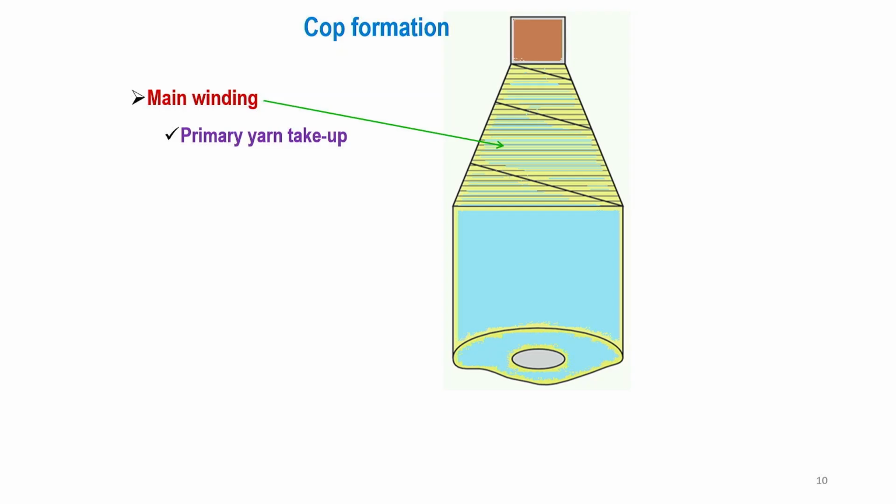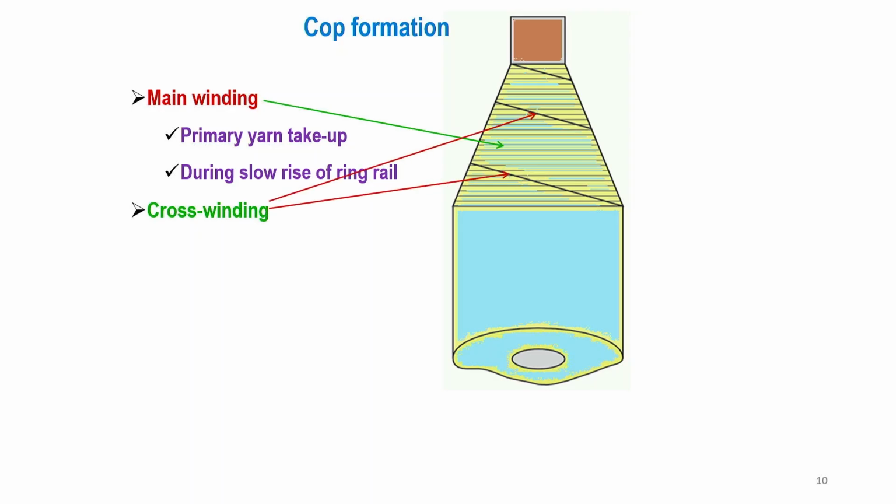Primary yarn take up, the majority of yarn is wound on during this motion. During the slow rise of the ring rail, main winding takes place, and cross winding, which is shown in the dark color, is the binding or take off layer.